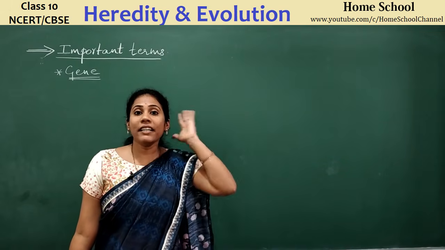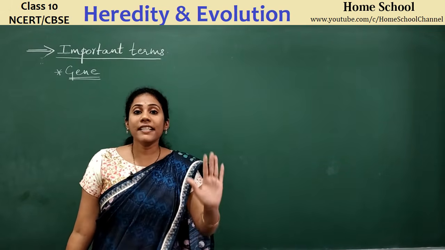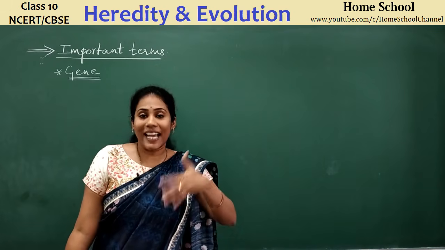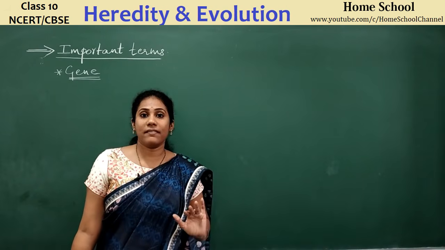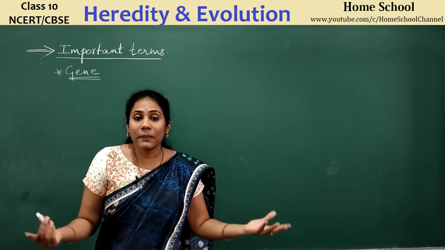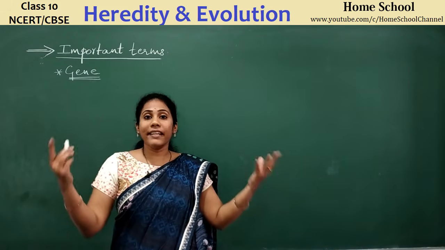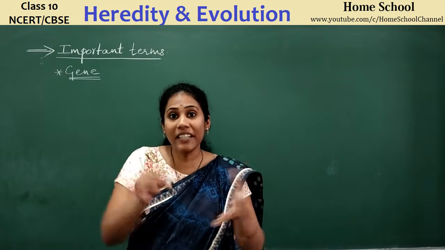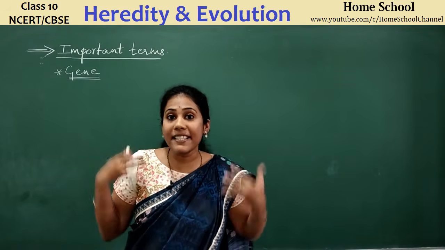See, my hair color is black. This black color of hair is due to genes that I have inside the cells. See, my skin color is brown. That means this brown skin is due to a certain gene that is there inside my cells.